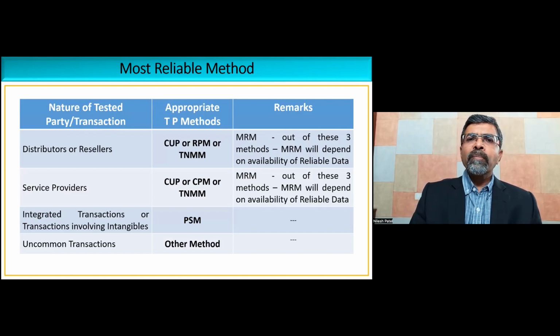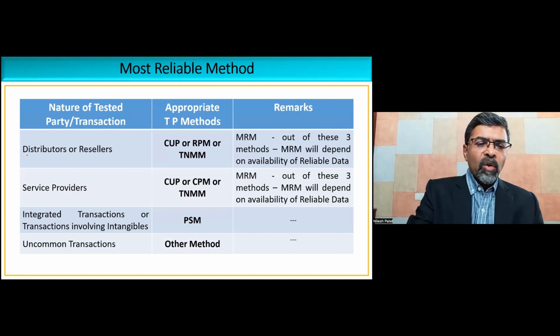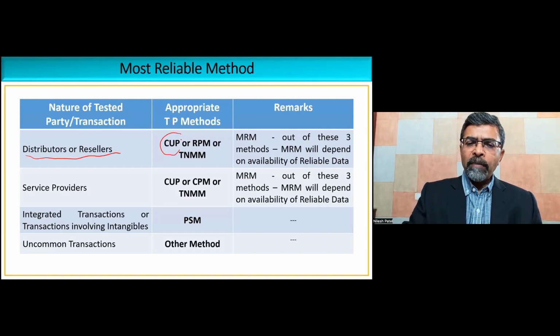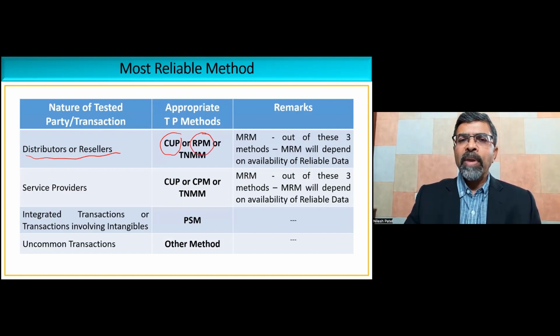If you have the tested party as a distributor or reseller of the products manufactured by the other related party, then you can apply CUP if data of price is available. If that data of price is not available, you can apply RPM if data of gross profit is available.